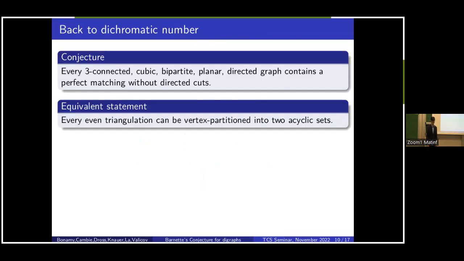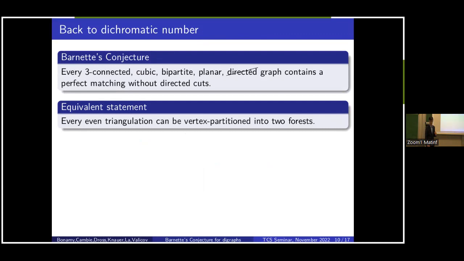Okay, so now that we are looking at this conjecture, actually, I like to bring it back to dichromatic number. Maybe that's a personal preference, but there's also a reason to it. So we've already seen this equivalent statement between these 2 frameworks, right? Now, if we go back to Neumann-Lara's conjecture, then we've seen that these statements are equivalent.